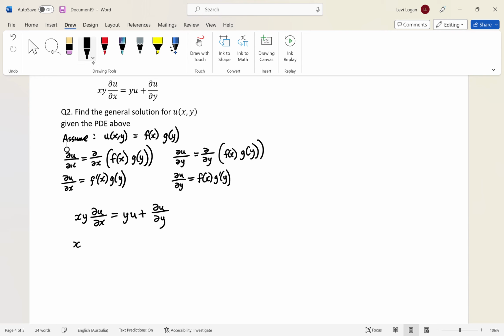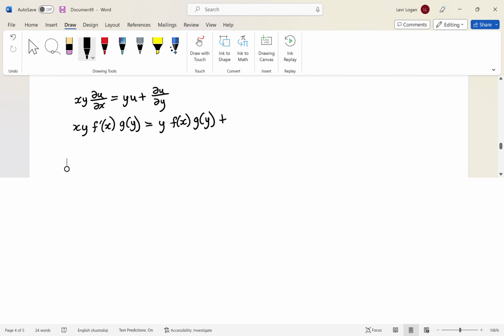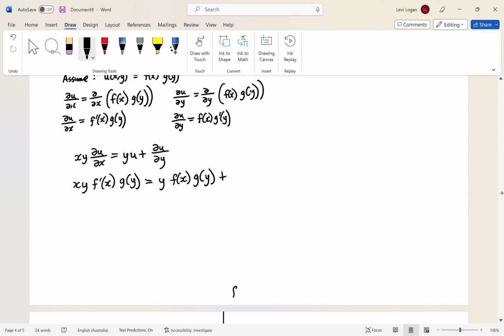So x times y times the partial derivative of u with respect to x is f prime of x times g of y, equals y times u, and our u is f of x times g of y, plus the partial derivative of u with respect to y, which is f of x times g prime of y.